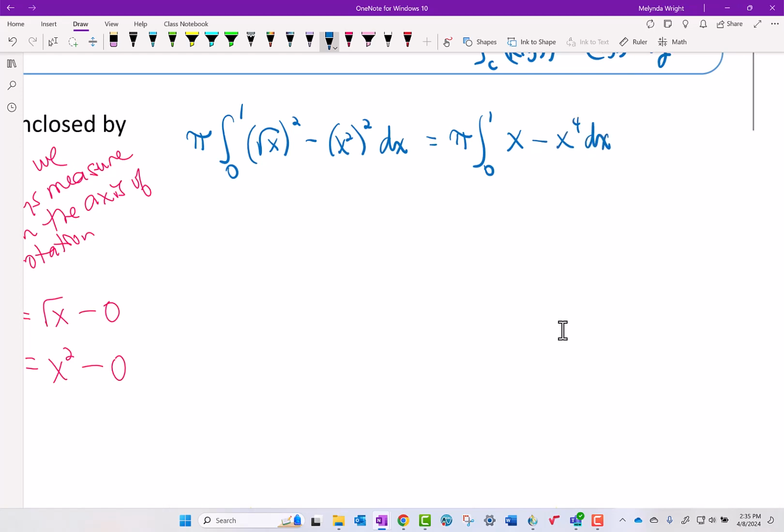Okay, so now we need our antiderivative. So let's put this, don't forget our pi. So the antiderivative of x would be 1/2 x squared. The antiderivative of x to the 4th would be 1/5 x to the 5th. We're going to evaluate that from 0 to 1. Okay, so we've got pi. All right, so we put a 1 in, and I've got 1/2 minus 1/5. And then I put a 0 in, and I just have 0.